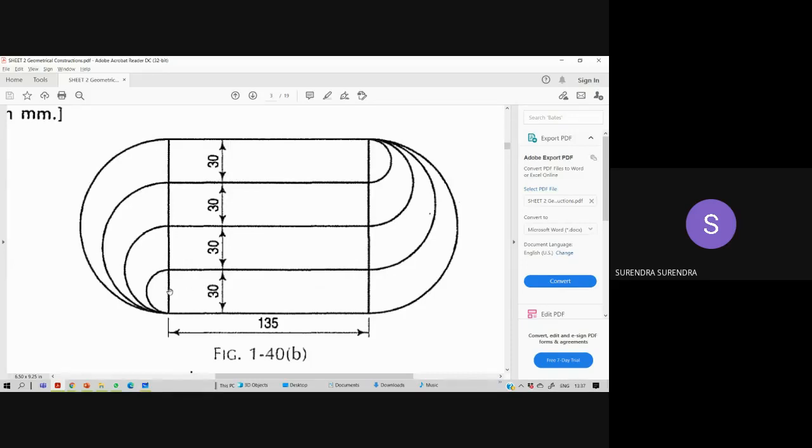So first 15 mm radius, and then from here 15 mm distance, taking this as the point, one semicircle.